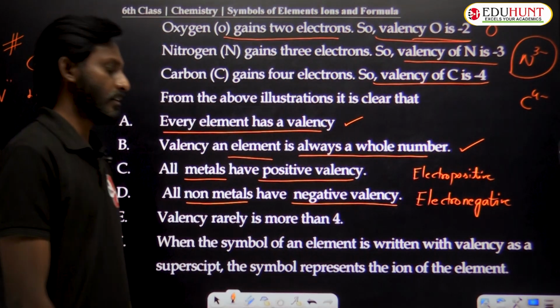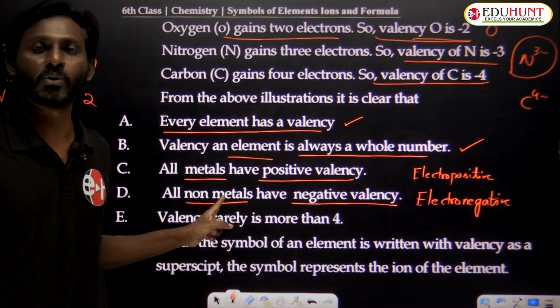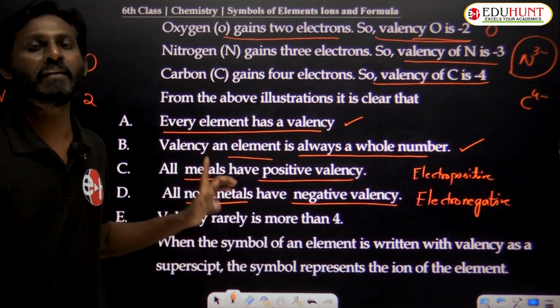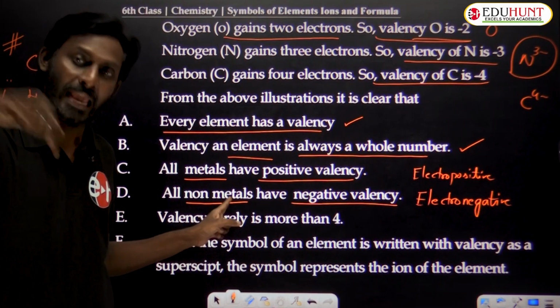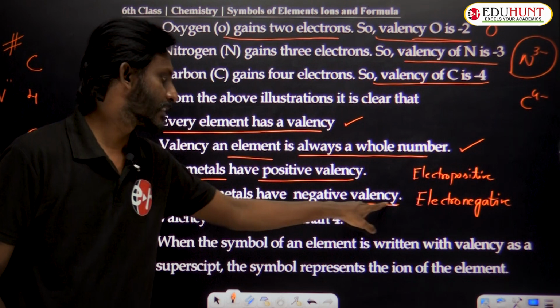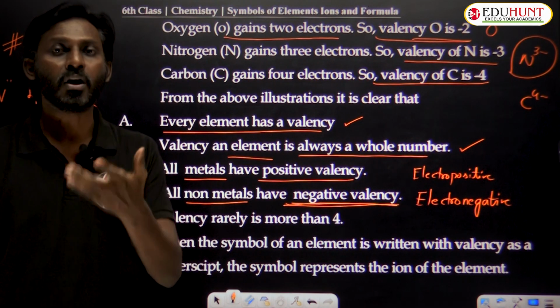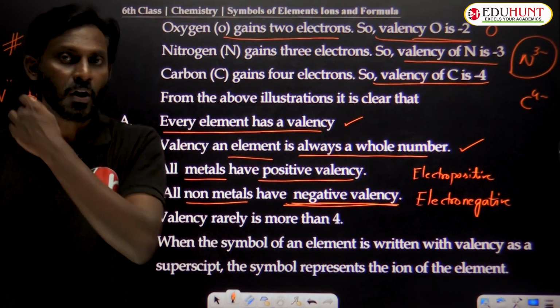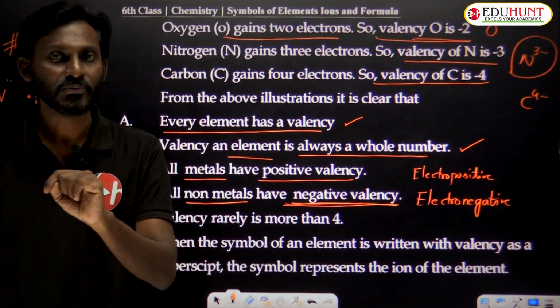So, simply: non-metals are electronegative and metals are electropositive. Electronegativity means the tendency to gain electrons. That's why they gain electrons and the valency is negative, like Cl minus, Br minus, oxygen O2 negative. Oxygen is a non-metal and the valency is minus 2, right?